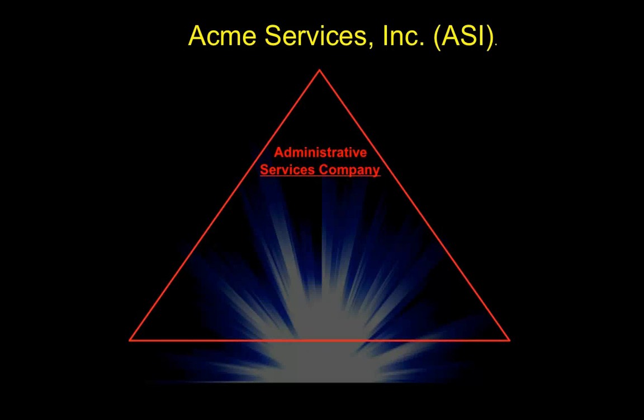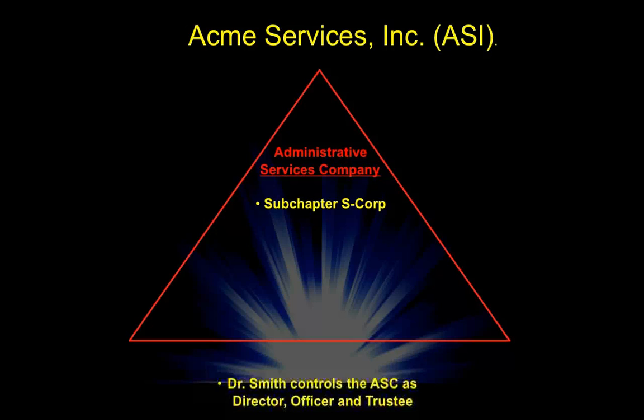It's an administrative services company, so it's going to be set up with the specific purpose of providing services back to Dr. Smith's practice. It is going to be a Subchapter S corporation. That Subchapter S corporation is important because a Subchapter S corp is one of two entities that can be established and sponsor an employee stock ownership trust.